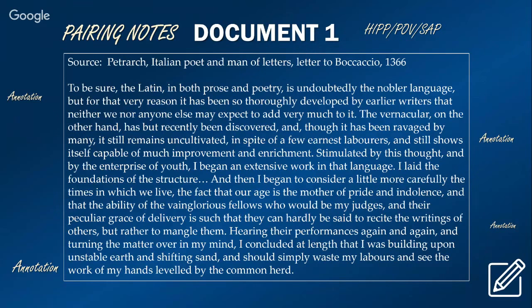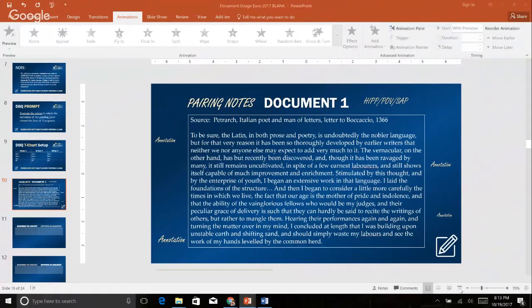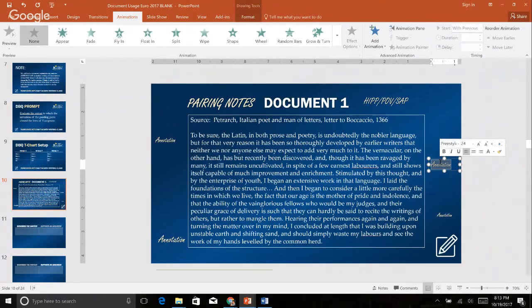The vernacular, on the other hand, has but recently been discovered, and though it has been ravaged by many, it still remains uncultivated in spite of a few earnest laborers and still shows itself capable of much improvement and enrichment.